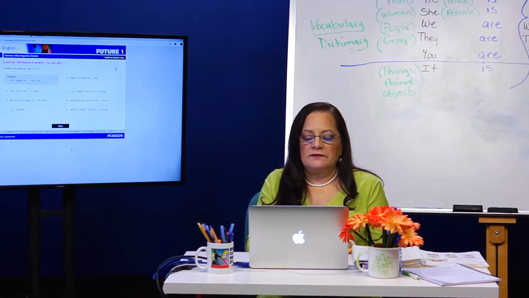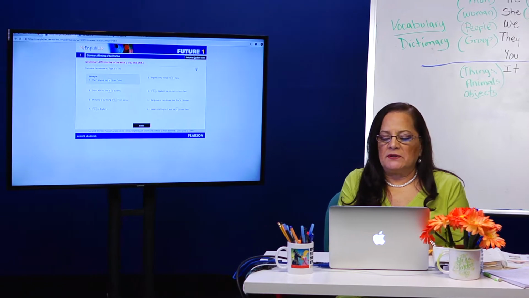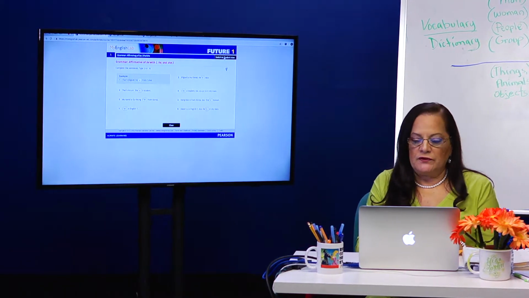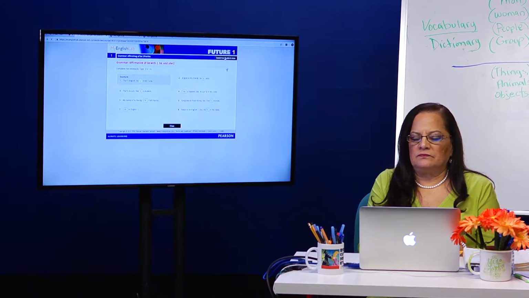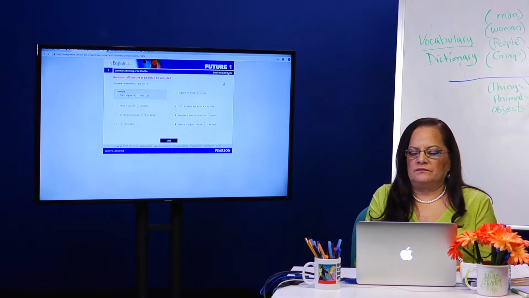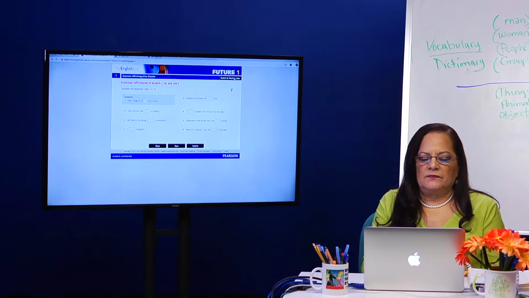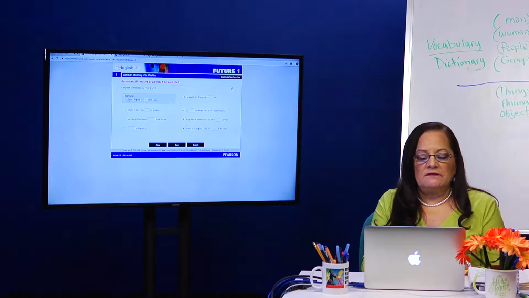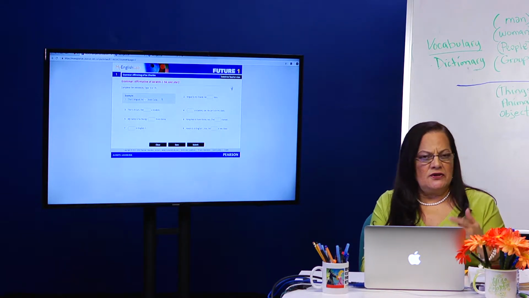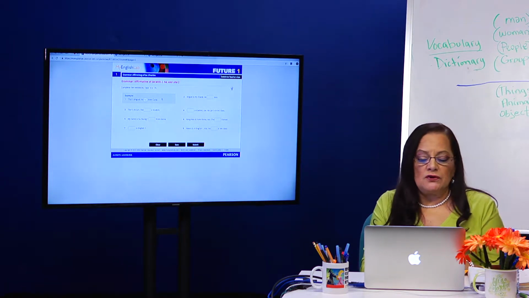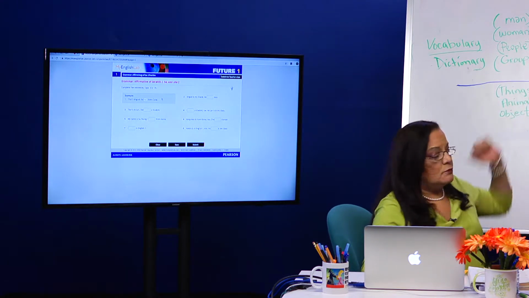Here we have some responses, but let me first go to the student view. The student view gives you an example, so you have to complete the sentences. And you are now familiar with the sentence structure of using the verb to be.